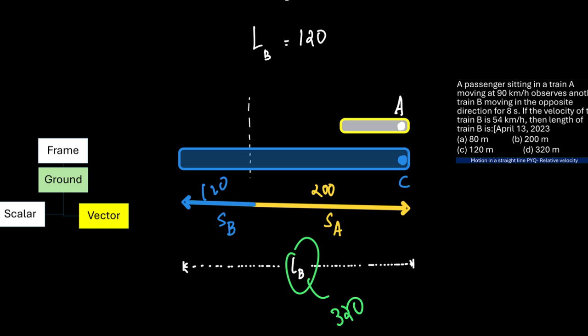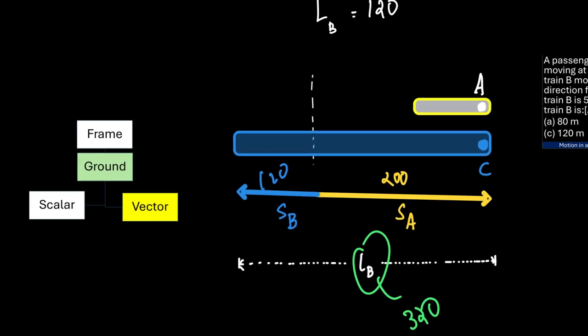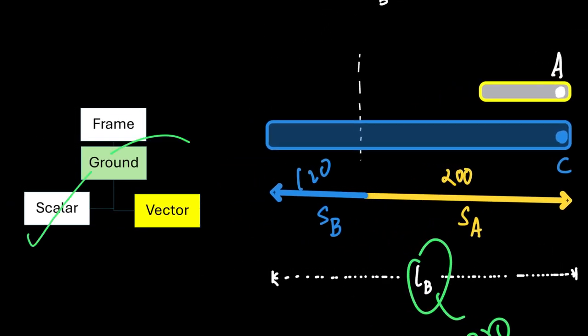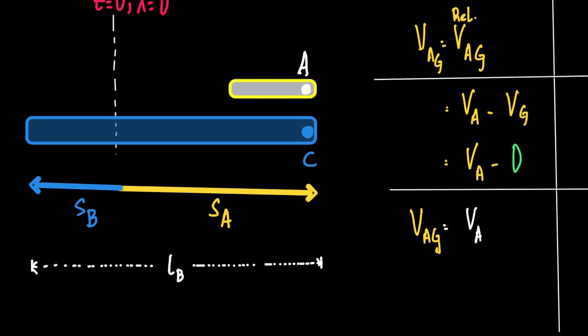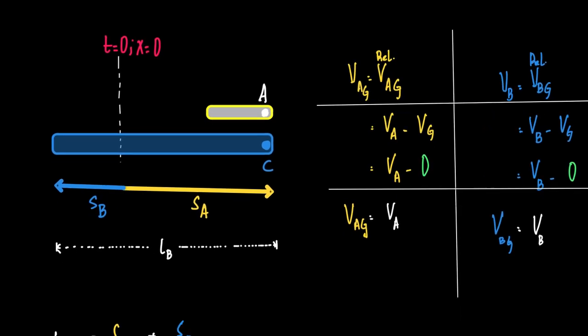Right? Now, see, we did this question using the scalar frame. Right? Now, before we approach the same question with the vector frame, I would request that you spend some time, well, of course, a significant amount of time, to see how did we arrive at this diagram and how did we arrive at this formula for that matter.